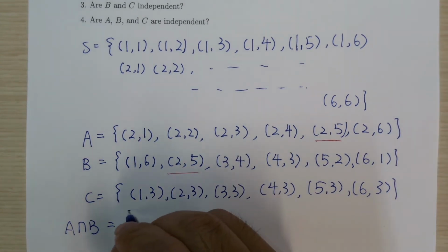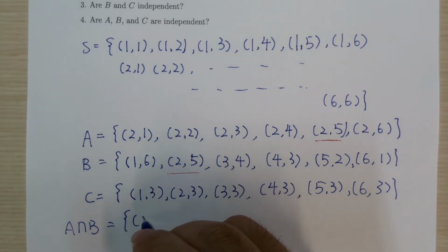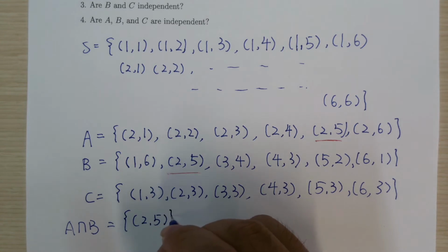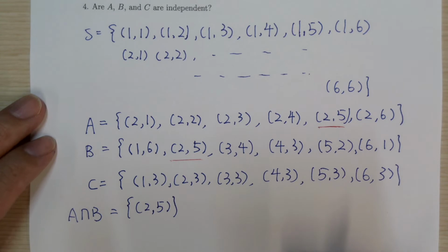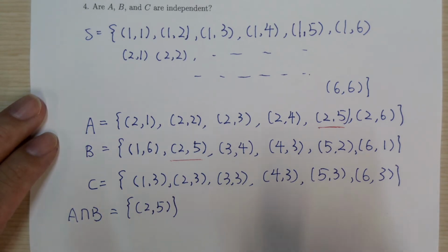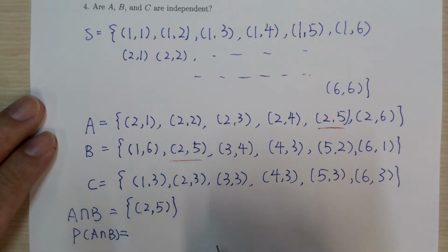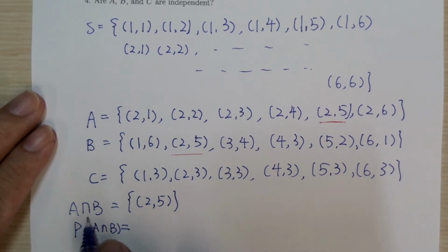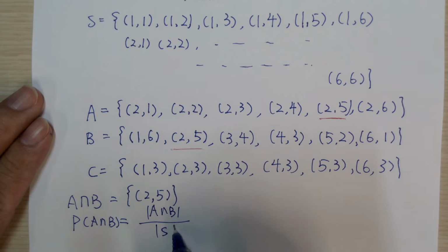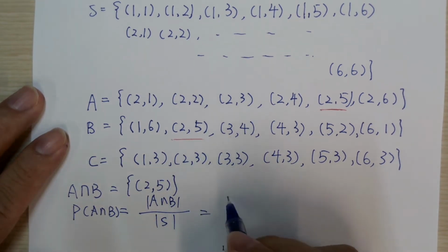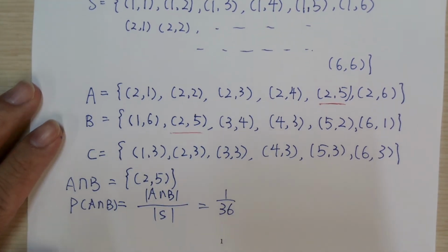So A intersect B is the event which contains only one element here. So the probability of A intersect B is the cardinality over the cardinality of the sample space, which is 1 over 36.